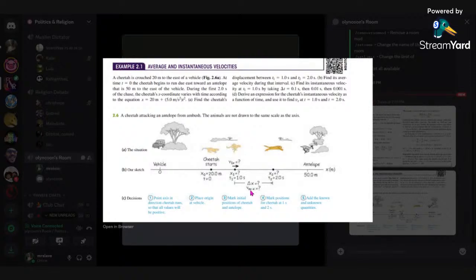I guess this is acceleration. Acceleration times velocity minus x? That doesn't make any sense. It should be AT, maybe 1/2 AT squared, or it should be VT. I don't know.